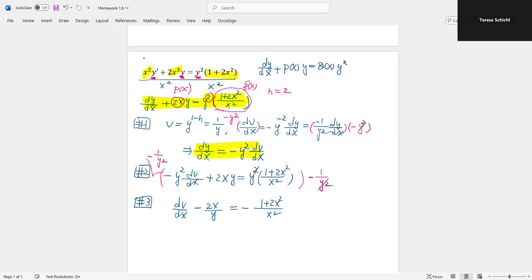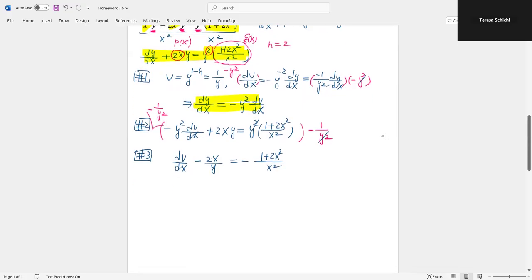Because v is equal to 1 over y, I can change this: dv/dx minus 2x times 1 over y, which is v, is equal to negative 1 plus 2x squared.